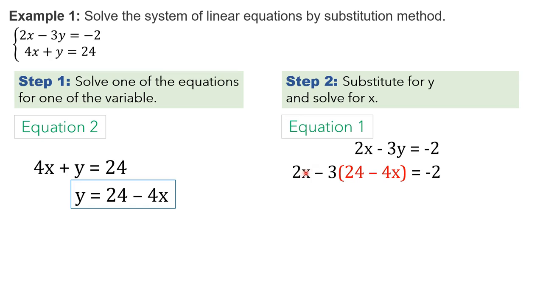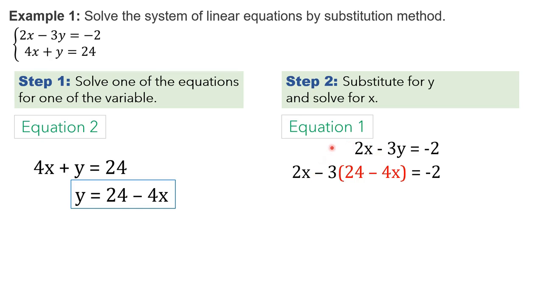Okay, bring down 2x, copy negative 3, then y, you remove it, change it with 24 minus 4x because that is what we have solved here. 24 minus 4x. Just bring down negative 2. After that, distribute. So we will multiply this negative 3 to 24 and to negative 4x.